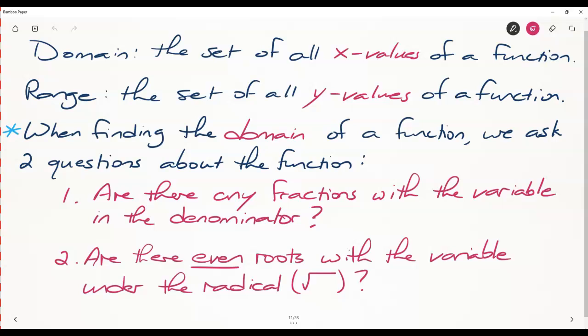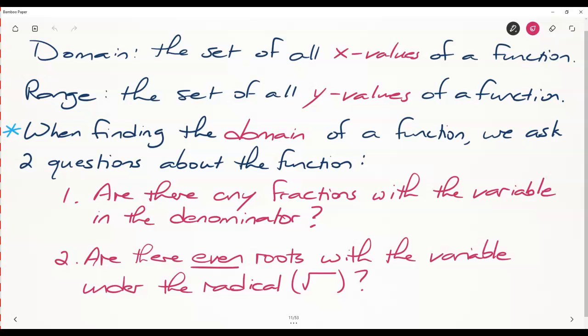But if you have a square root of -1, now you've got a problem, because if the number under the radical sign is negative and you try to take a square root of it, you're going to get a complex number. It's going to be imaginary. And when we're talking about domains of functions, we're only focused on real values. So I need to be certain that the values of x that I plug into the function give me numbers that aren't imaginary. And we're going to look at examples of both cases.